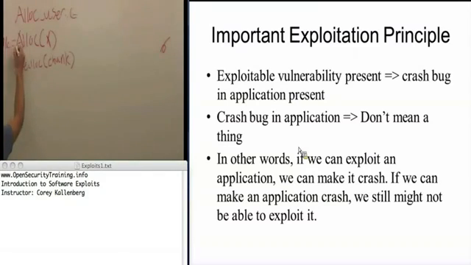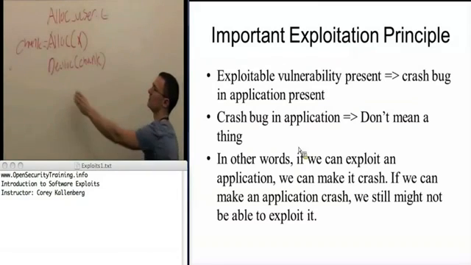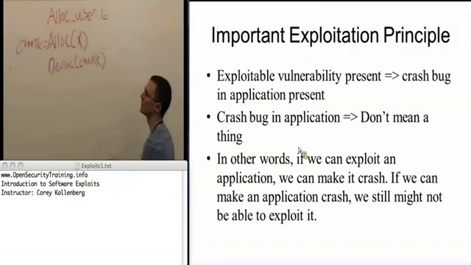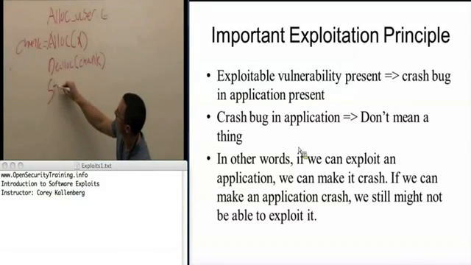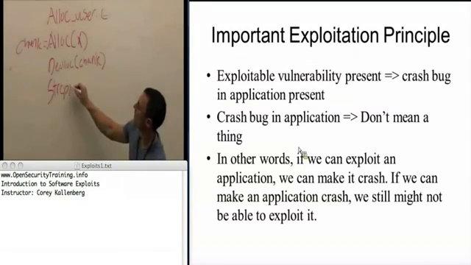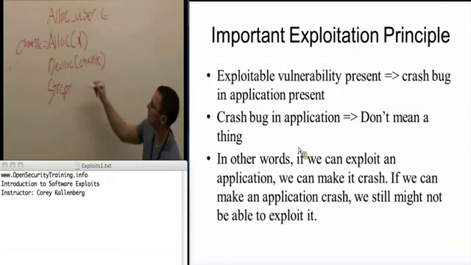Memory chunk equals allocate some number, how many bytes we need. Deallocate that chunk, mark it as free. And then we'll also have a buffer overflow in there, because we'll want the buffer overflow to corrupt some heap meta information and ultimately result in a crash. So that's going to be in there somewhere.